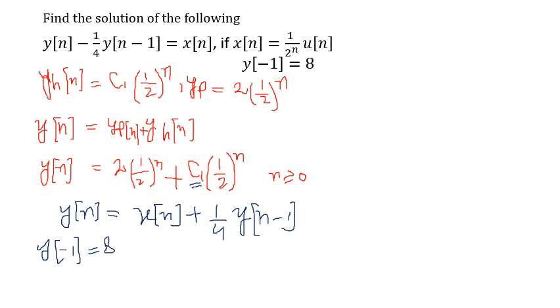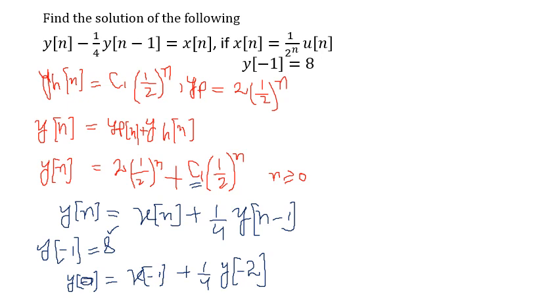Okay, so putting the value of y of minus 1 in this equation, n equals 1 in fact, so that it will be x of minus 1 plus 1 by 4 y of minus 1 minus 2. Actually because we are already at y of minus 1, we are going to find y of 0.